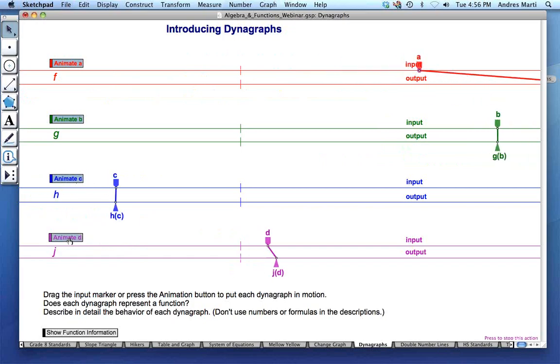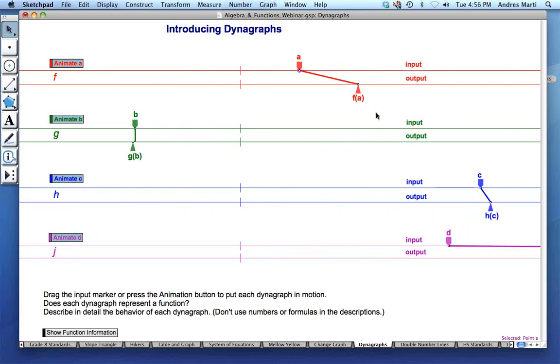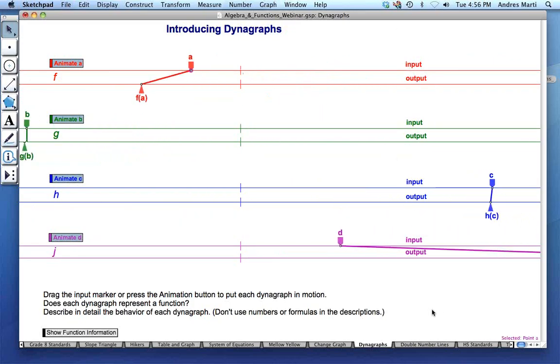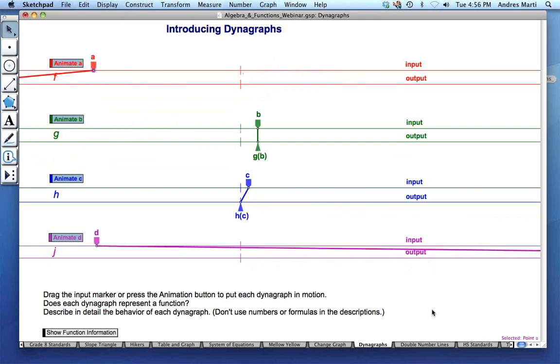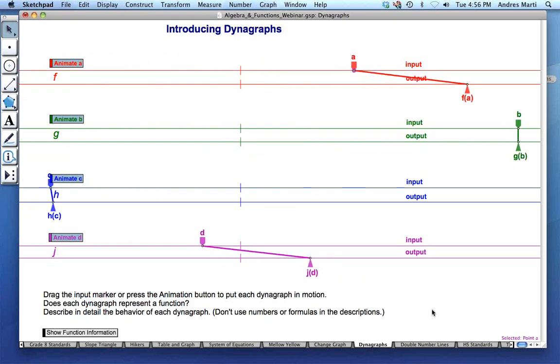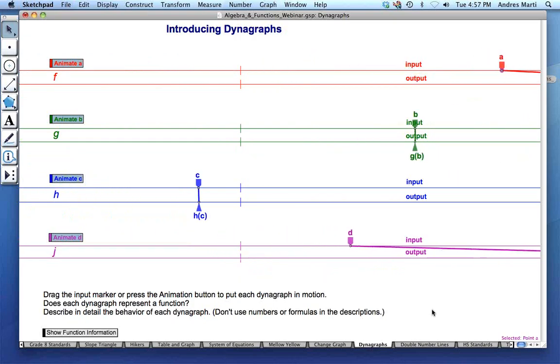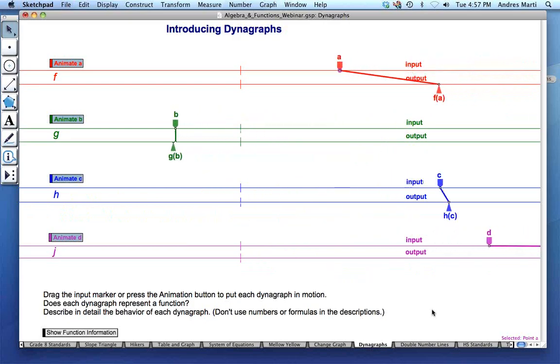And then this one, now look at those of you that thought f was linear, or quadratic, I should say. Take a look at D and see how it's really different from the red function. There's two big differences. One of them is that the output is always positive. And the second one, which is a little harder to notice, is that it's not moving at a constant speed.